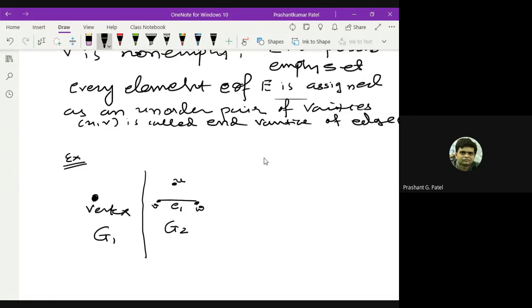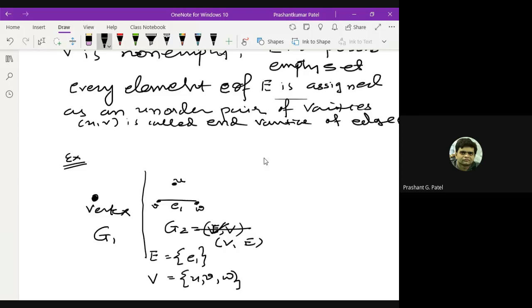So as per the definition, it has an ordered pair. What is E here? It is only consisting of one element, E1. And what is the vertex set in this case? It is u, v and w. So actually this graph G2 is an ordered pair, sorry, V, E, as per the notation we have used.